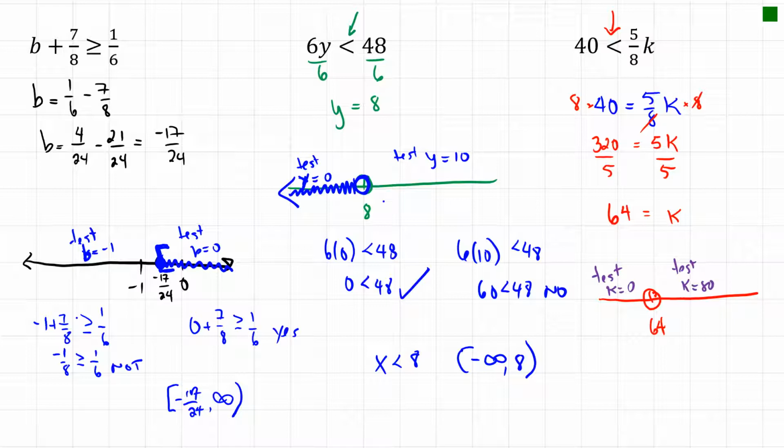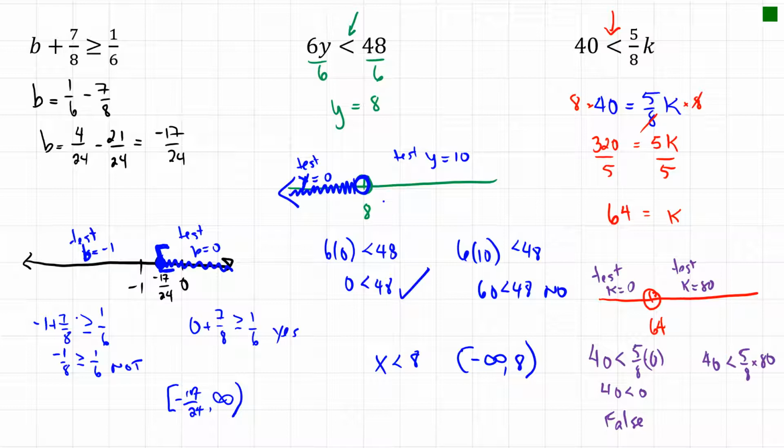So 40 is less than 5/8 times 0. So is 40 less than 0? No, that's false. So we don't shade this area. And on the other side, 40 less than 5/8 times 80.